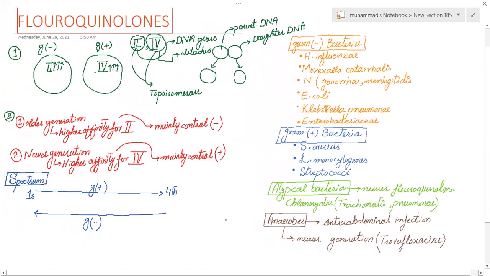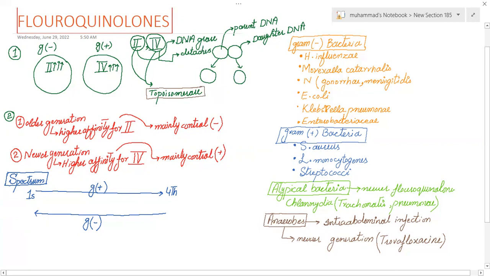Okay, let's recap. For the synthesis of the DNA, there are two subtypes of topoisomerase enzyme: topoisomerase 2 and topoisomerase 4.